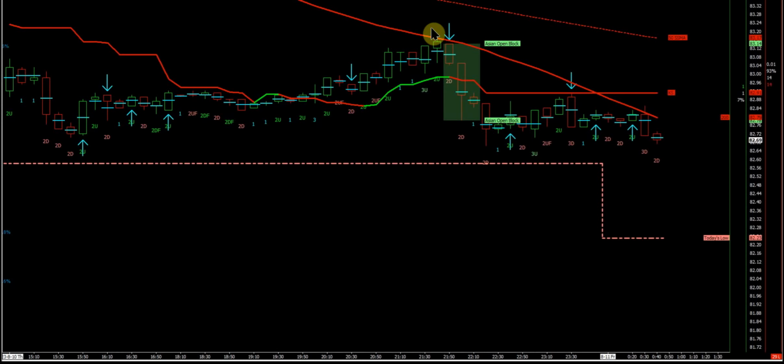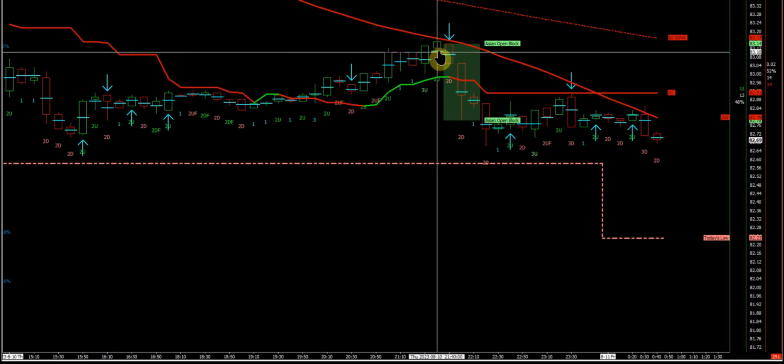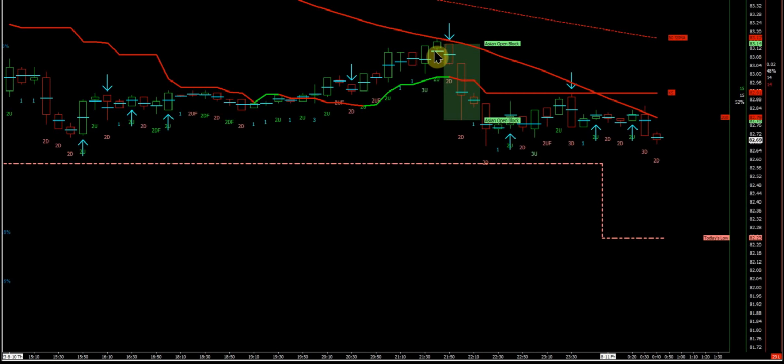Okay, so this is the strat, and I'm going to show you guys some things. Number one, this is the traditional way to trade the strat. Number two, here's my way of trading the strat. I will either get in, and this is very, very easily automated, at either that line right there, the 50% line.